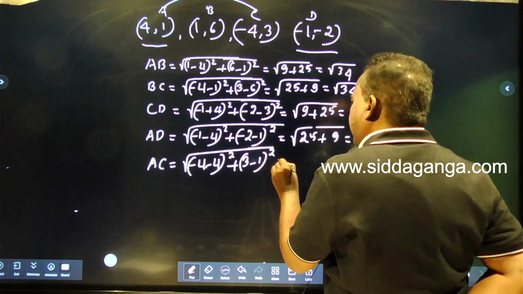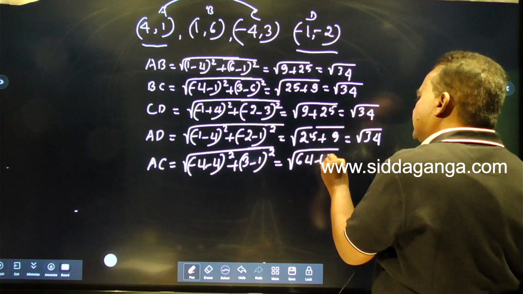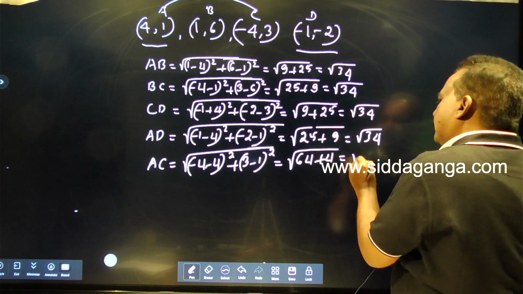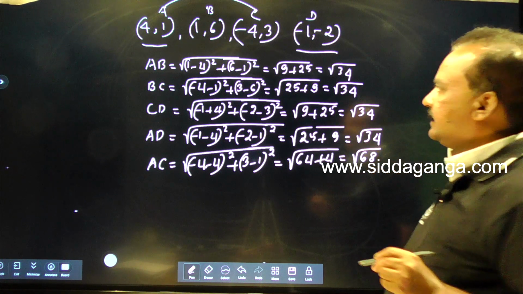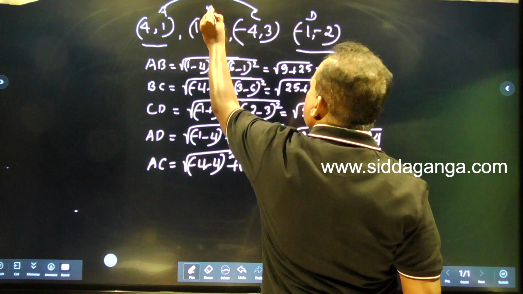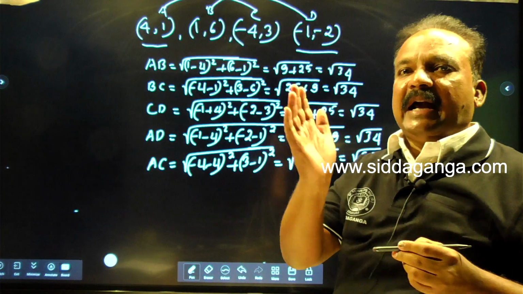Minus 4 minus 4 means minus 8, whole square is 64, plus 2 square means 4. 64 plus 4 is 68. This is AC.